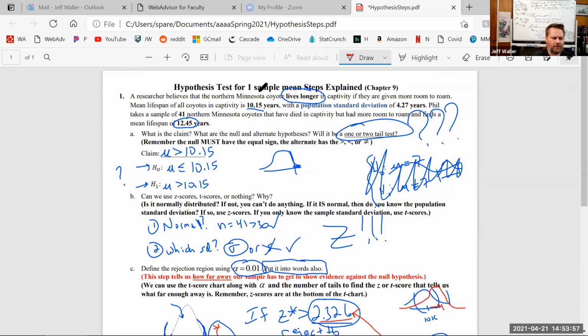What's better for coyotes? What did we just show strong evidence for? More room. More room. Exactly. This is evidence that more room will help coyotes. Less room harms them, causes them to have less lifespan, which kind of makes sense, correct?